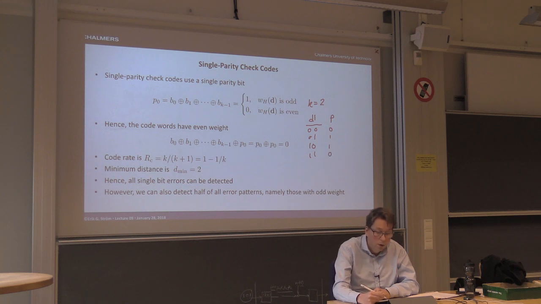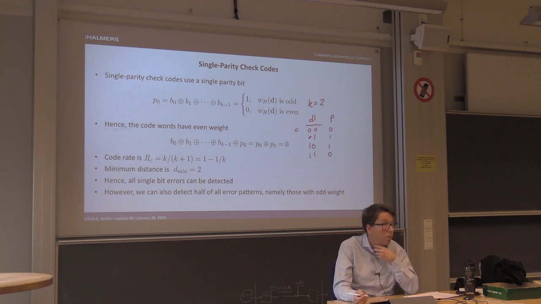Okay. So if we look at the code words, 0 0 0, 0 1 1, 1 0 1, and 1 1 0, we have even parity because it's an even number of ones here. Here we have 2 ones, 2 ones, and 2 ones.